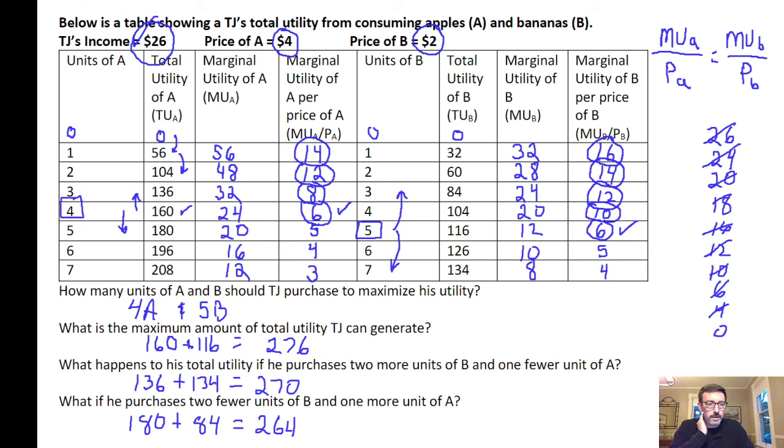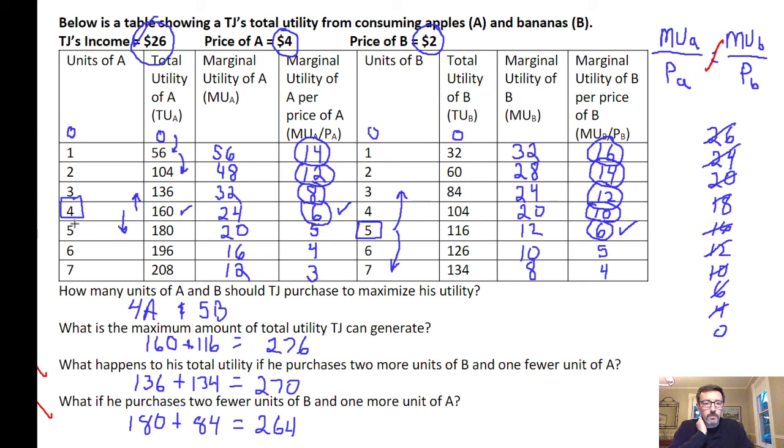I'll select a different pen color because we're getting quite a bit on here. What if at our current level of consumption, this equation up here in the corner was not true? What if this was not true? Well, where is an example where that's not true? One of these examples we did here would show that not to be true.